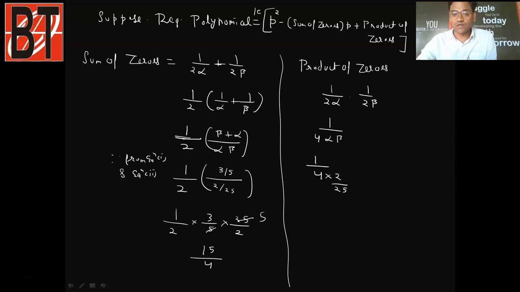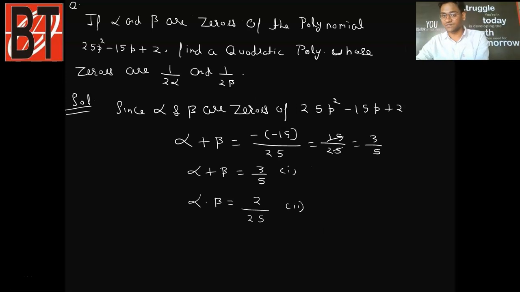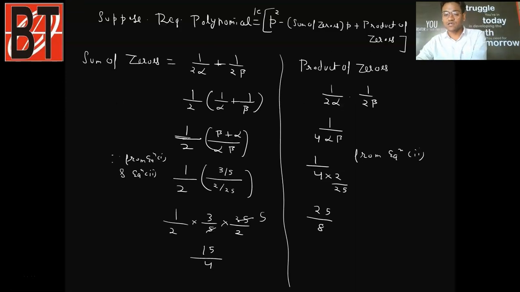So it will become 25 by 8, because 25 will go in the numerator and 4 gets multiplied. So 25 by 8 is the required product of zeros. Clear students? Here we have used result number 2. In result number 2 only the alpha beta value is given, see, 2 by 25. Clear students?